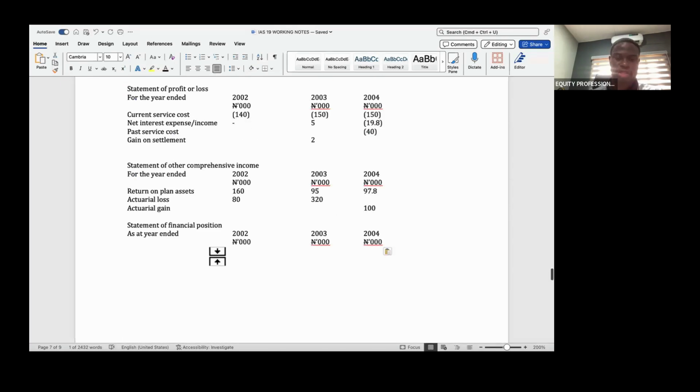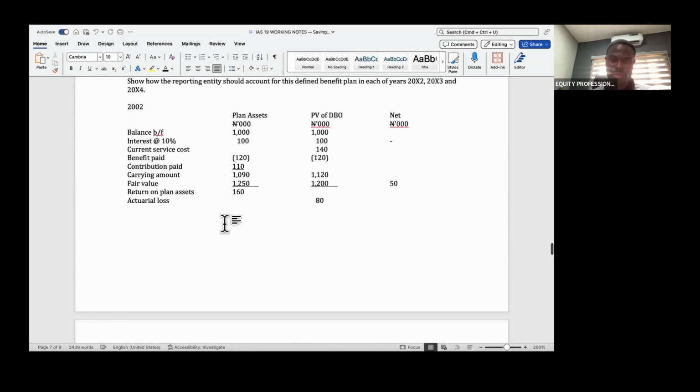So that will show under my non-current assets. Net defined benefit assets or surplus. What do we call it? It was 15. Yep, 15.